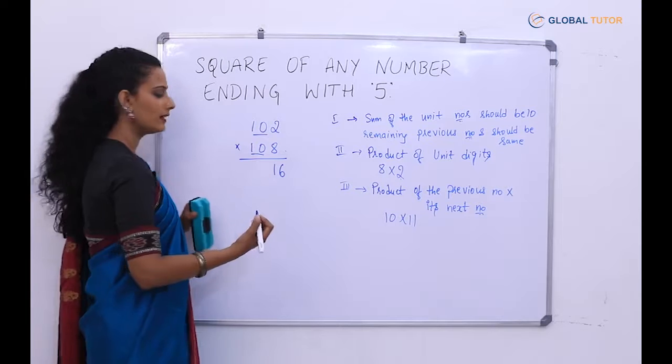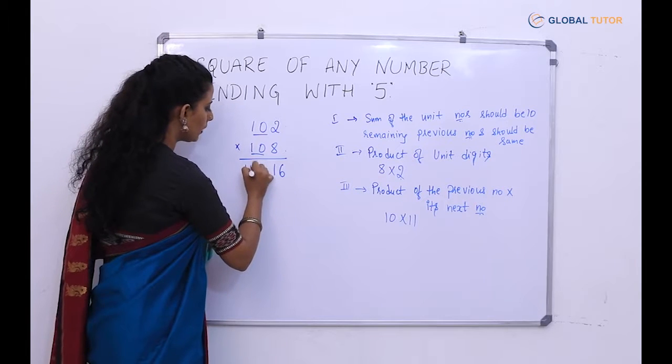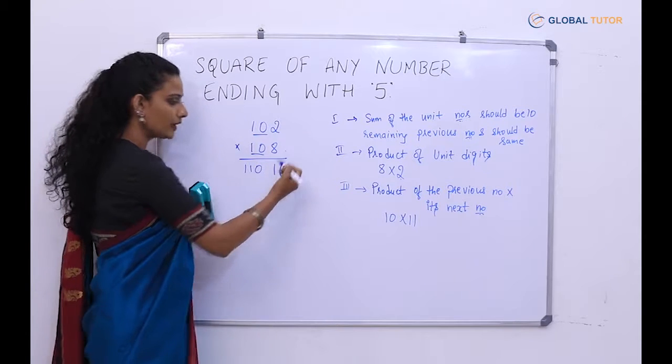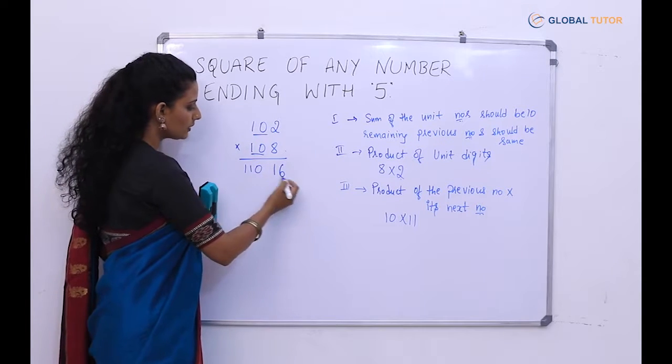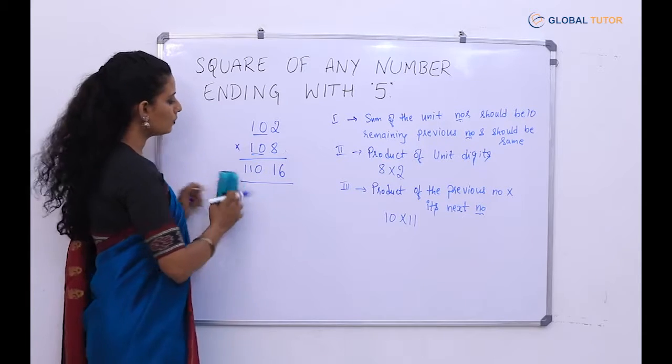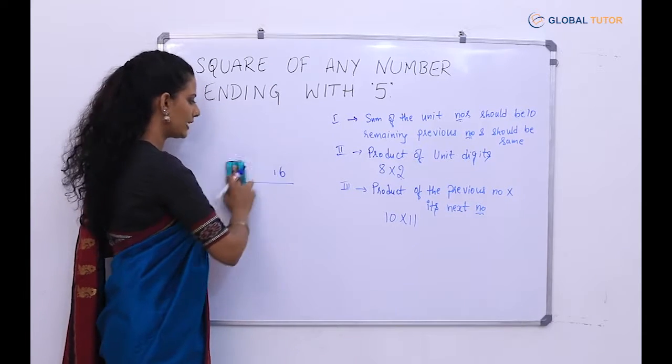So 10 into 11 will be 110. Here 102 into 108 is 11016. That's the answer. It's pretty quick, isn't it? Now we'll see one more example.